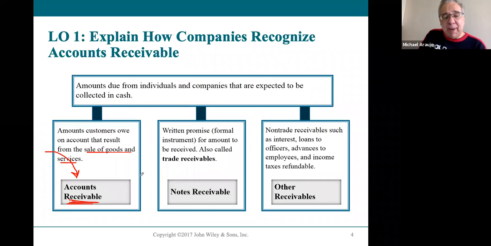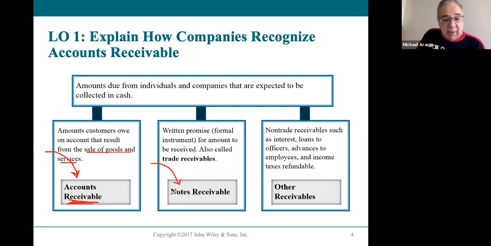Sometimes businesses can't pay within those 30 days. Sometimes they might need a longer period of time, 2, 3, 4 months. Well, what happens then? They can basically talk to the company and say, I need more time. And the company will say, look, why don't we make it a loan? All right, so you'll have 3 months to pay, but I'm going to have to charge you interest on that.